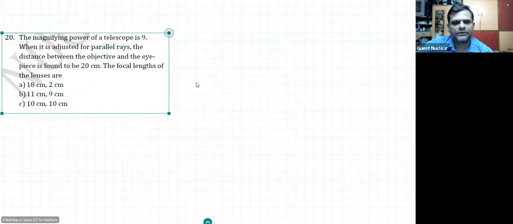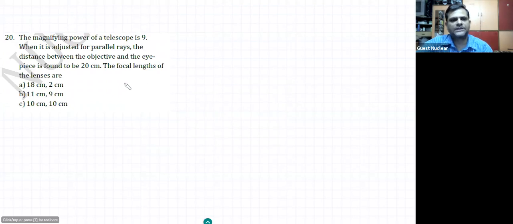The magnifying power of a telescope is 9. When it is adjusted for parallel rays, the distance between the objective and eyepiece is found to be 20 centimeter. Then the focal length of lenses are.